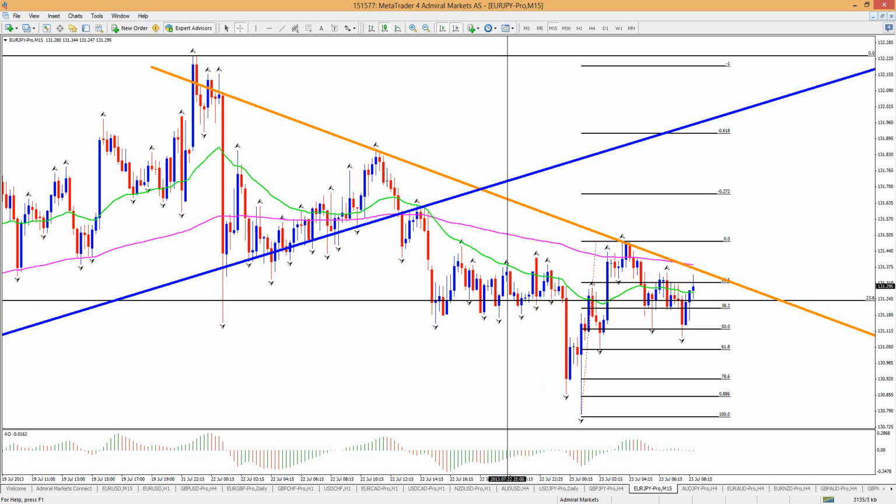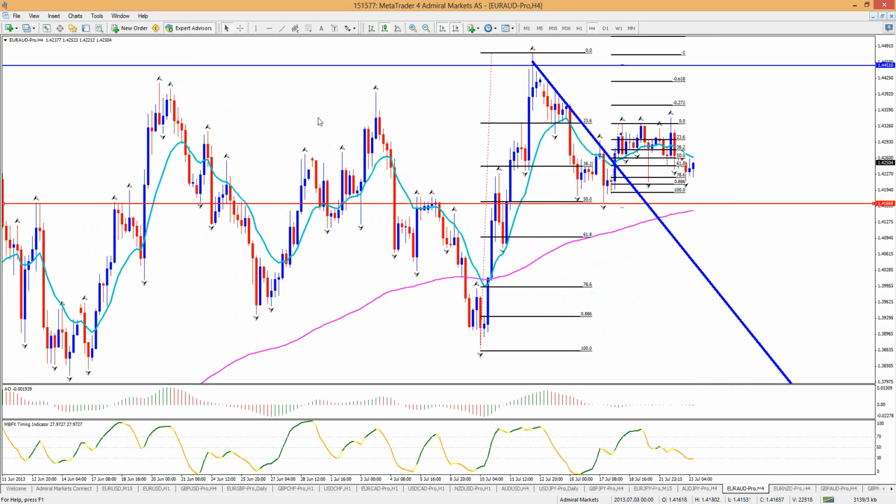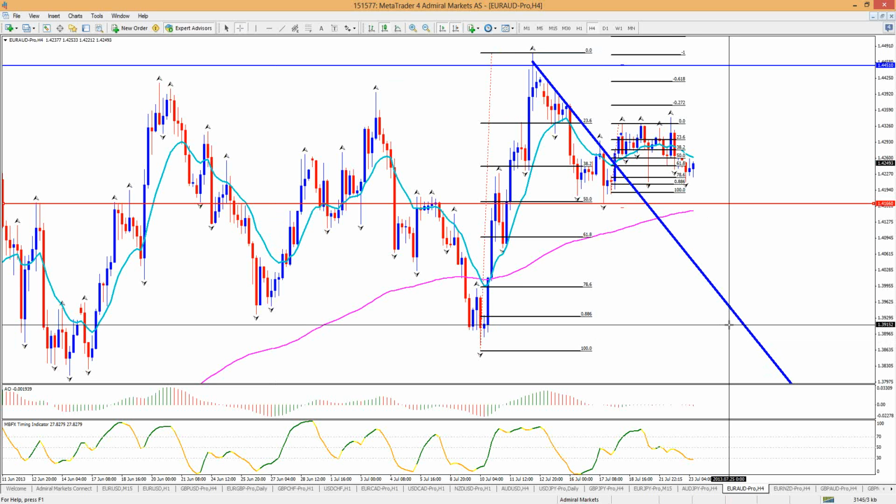Kaylin is asking if we can short the Euro Aussie at 39. Let me take a look. 39, that's quite far from here. That's 400 pips lower than here.